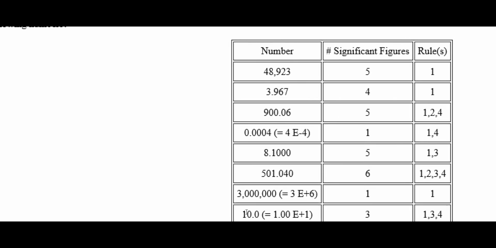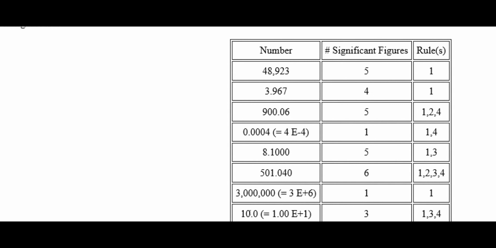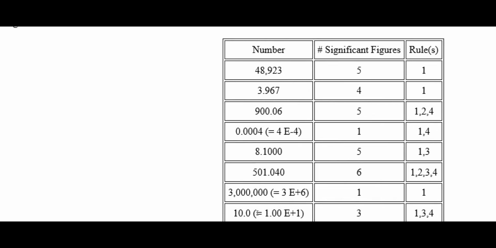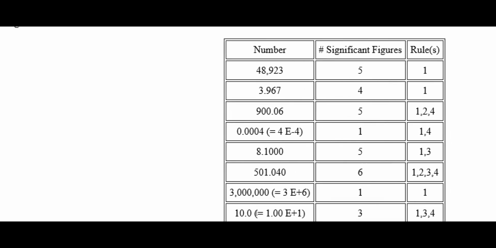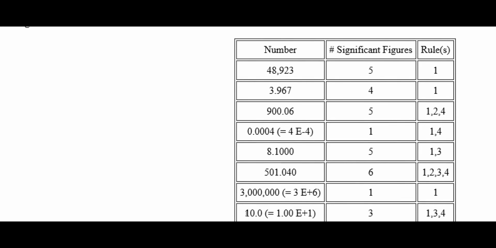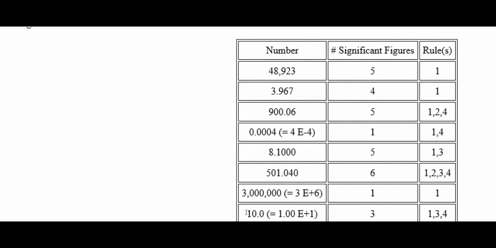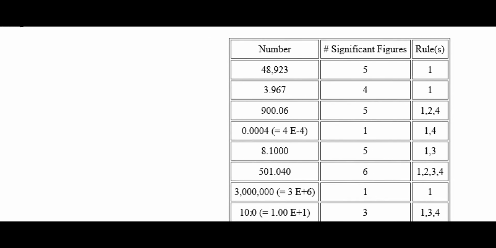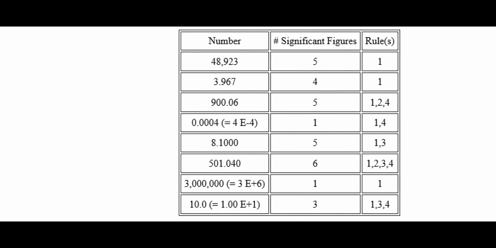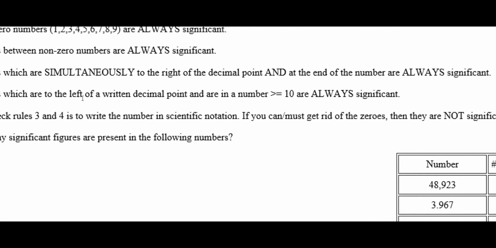So let's say there was no 1 here, let's say it was 0.01. Then everything to the left would be insignificant. But since there's a 1 here, the 0 after the decimal is significant, the 1 is significant, and the 0 is significant. So that's a little bit on significant digits.